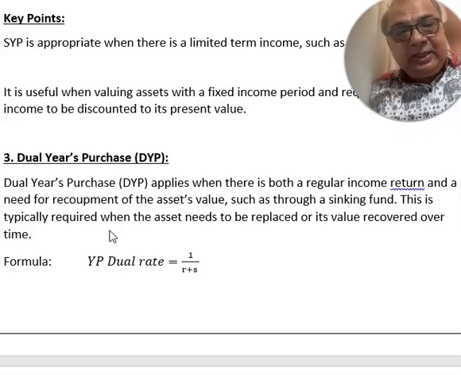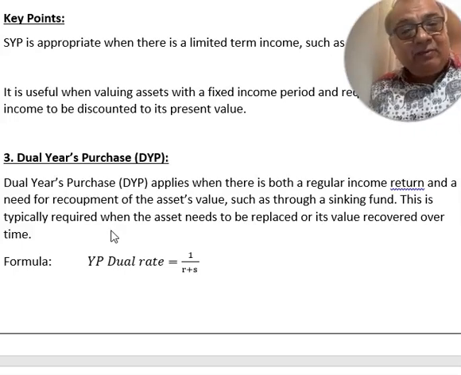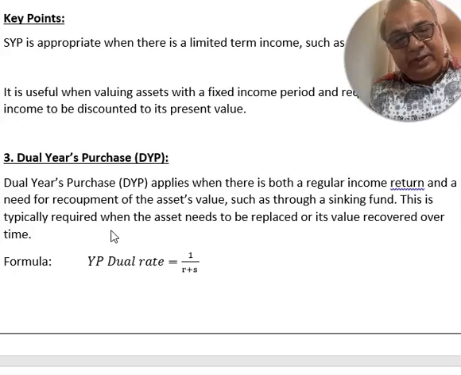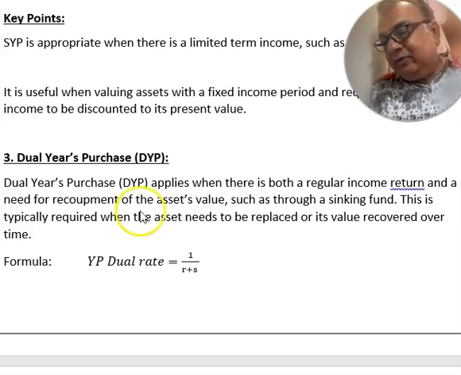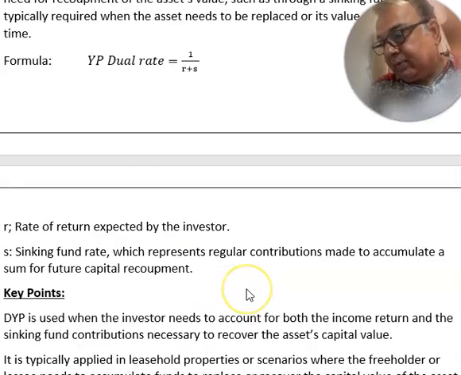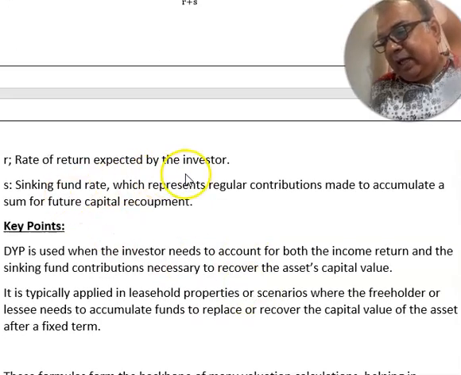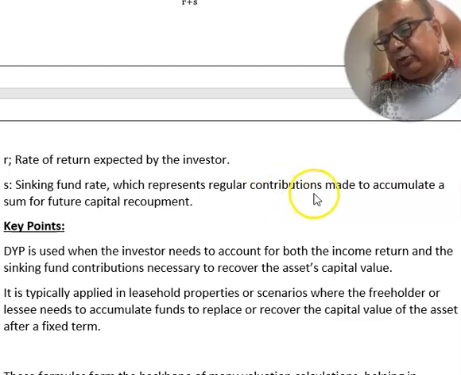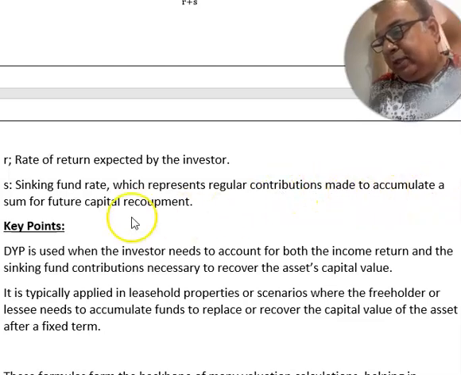If you want a sinking fund amount after 30 years, 40 years, 50 years, and 60 years, then we will use this formula. YP dual rate is equal to 1 divided by (R plus S). R is the rate of return expected by the investor. S is the sinking fund rate, which represents the regular contribution made to accumulate a sum for future capital recoupment.